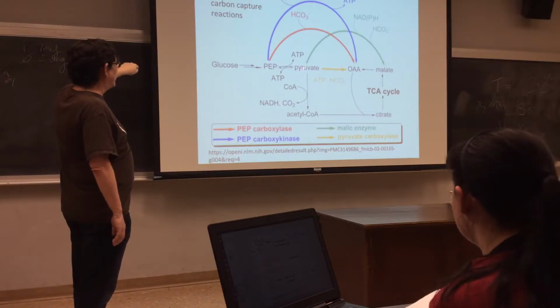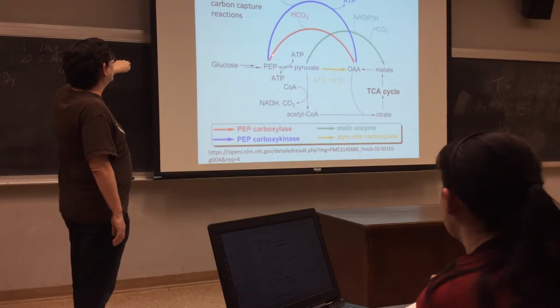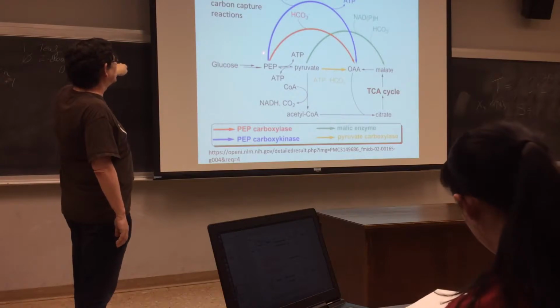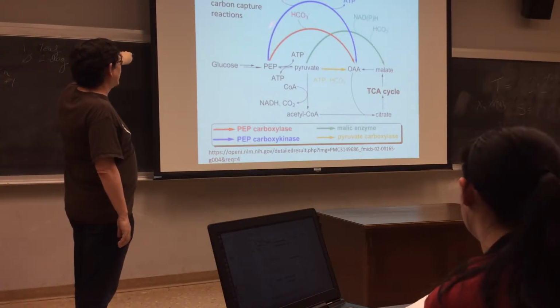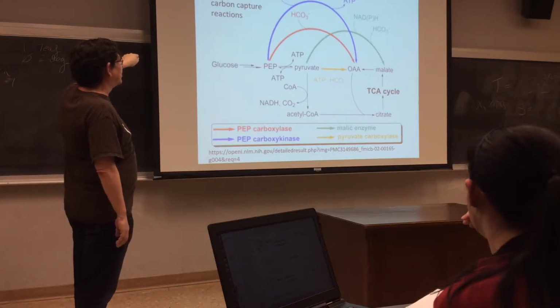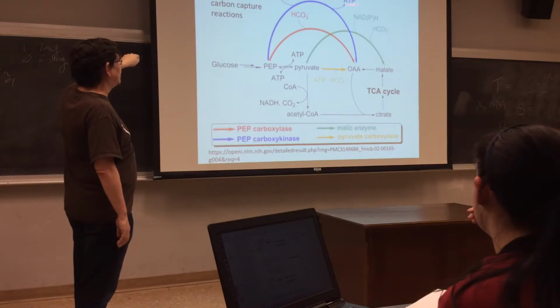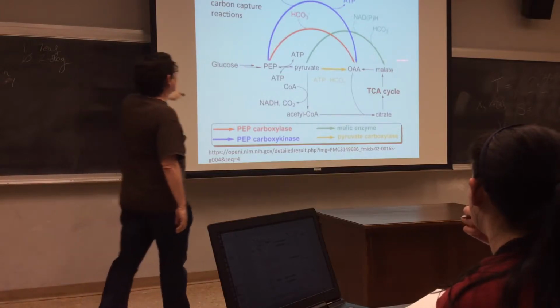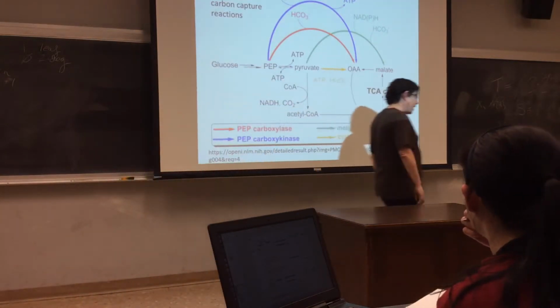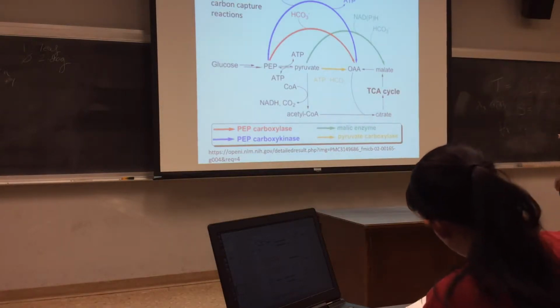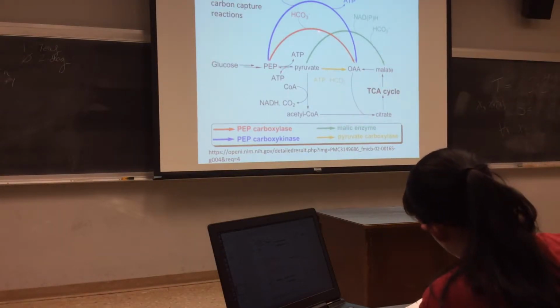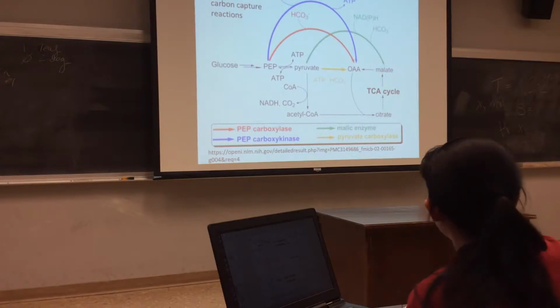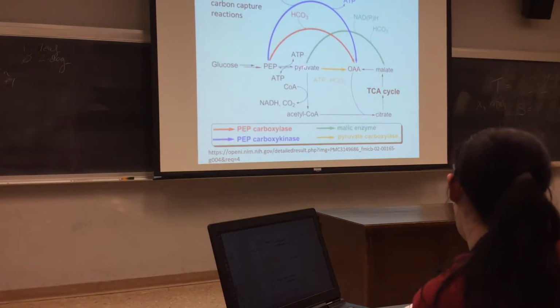In PEP carboxykinase, here we go, we saw we had an enol form of pyruvate attack CO2 with the concomitant production of ATP. So there, again, that was a coupled equilibrium driver. For the PEP carboxylase reaction, which I think is sort of one of the really cool ones, we actually make carbonyl phosphate and then can attack the carbonyl phosphate to make oxaloacetate.